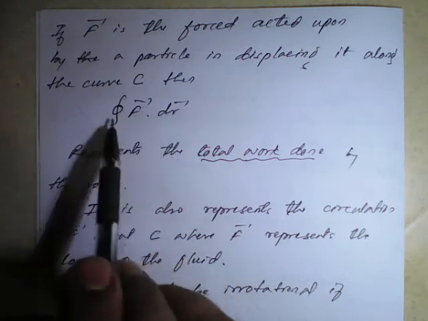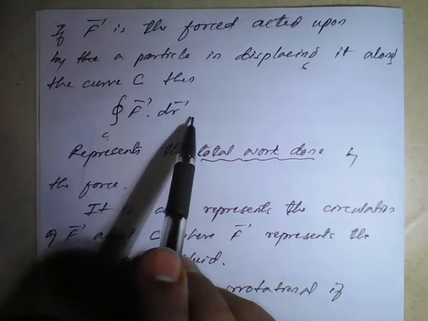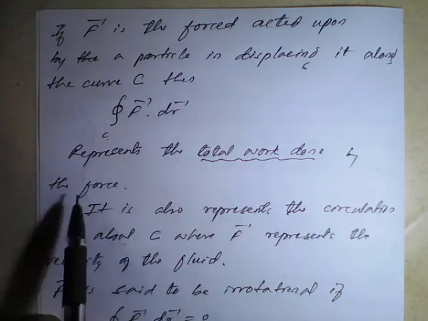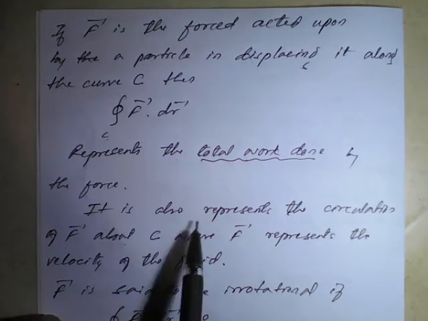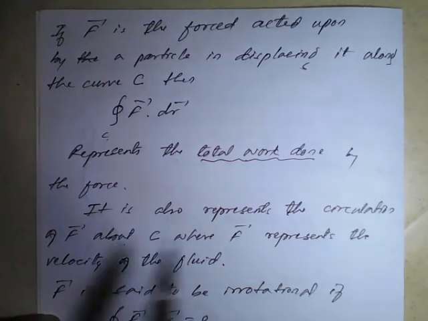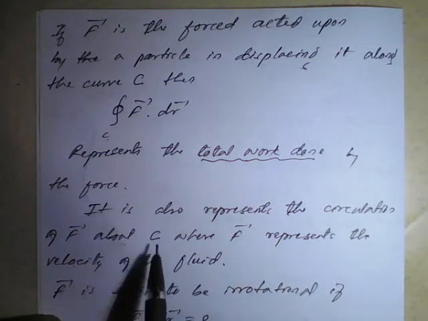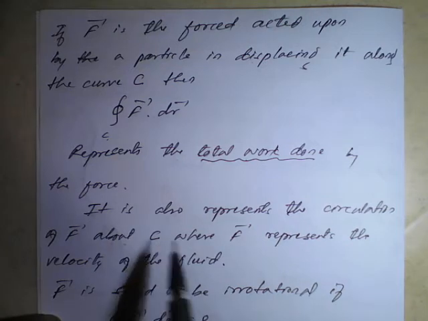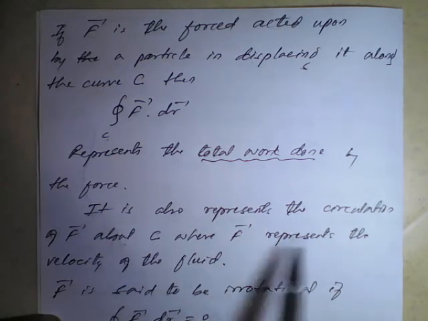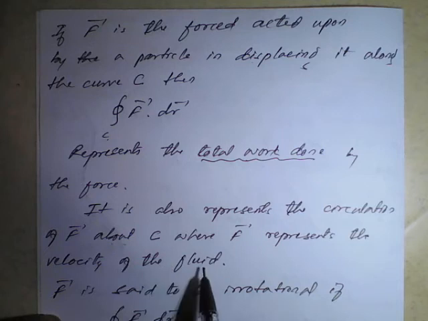So you can say W is equal to this, where W stands for total work done by the force. It is also represented as the circulation of vector F about C, C stands for curve, where F represents the velocity of the fluid.